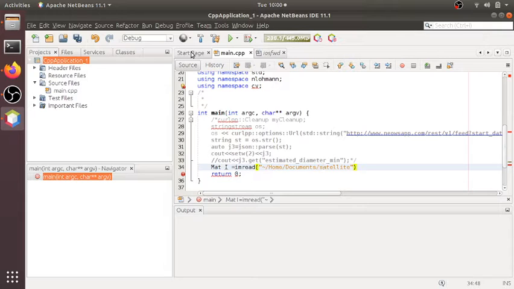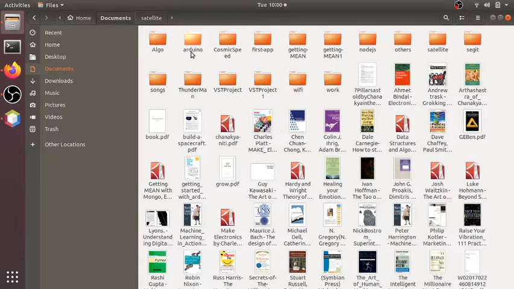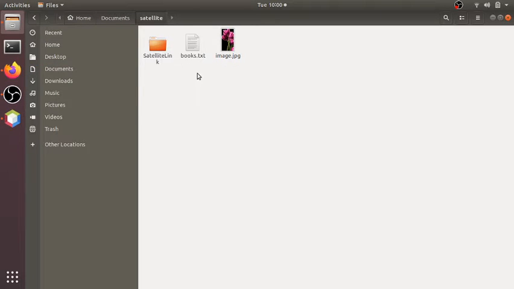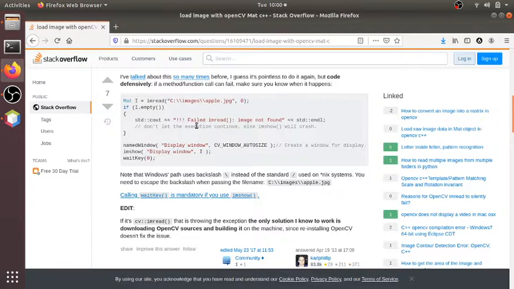So this is gonna be small s satellite. Home documents satellite, and inside it is image.jpg, comma 0. Okay, so this is like Mat imread. And then if empty, it's not empty. Display.